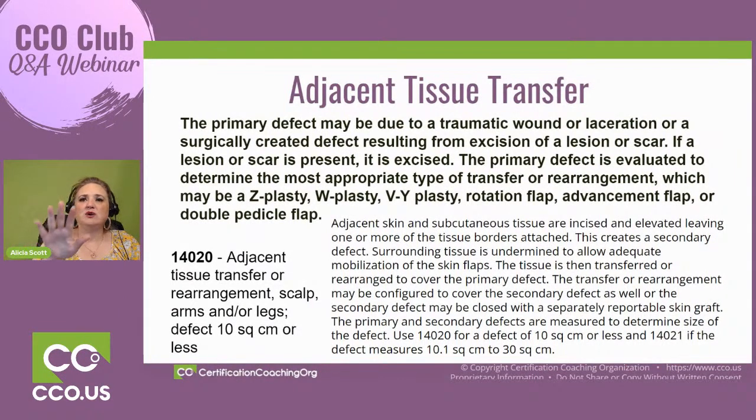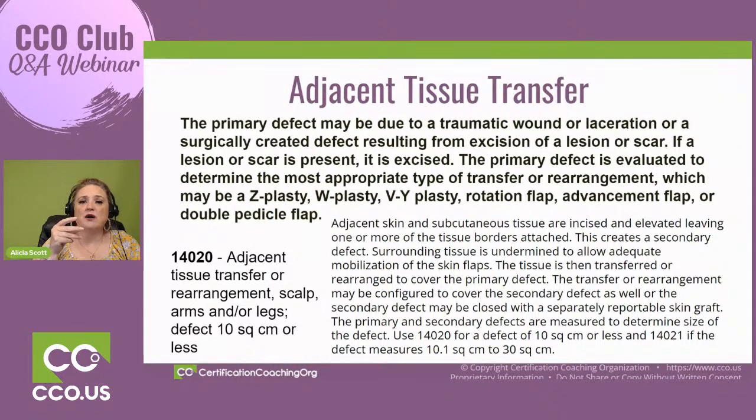So again, what they're saying is adjacent skin and subcutaneous tissue is taken, and then the tissue borders are all attached. This creates a secondary defect, right? Because it's a donor site, you know. But they don't really call it a donor site when it's a transfer like this or rearrangement.